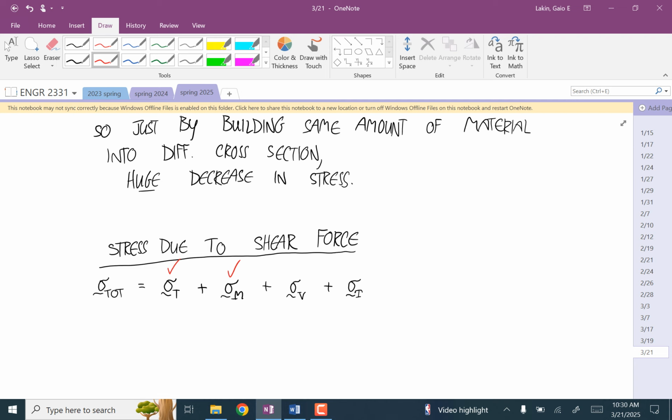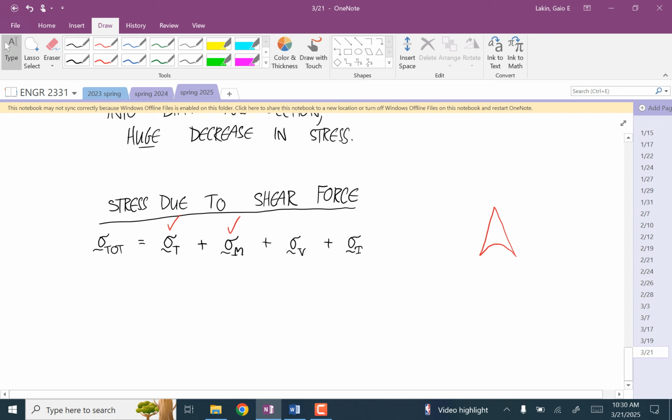So the cross-section can be the Star Trek communicator symbol. But it can't be this, once you turn it on its side.